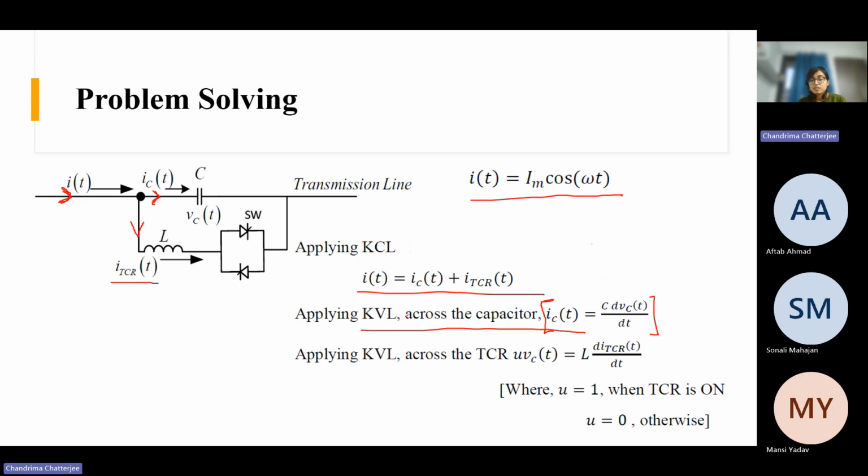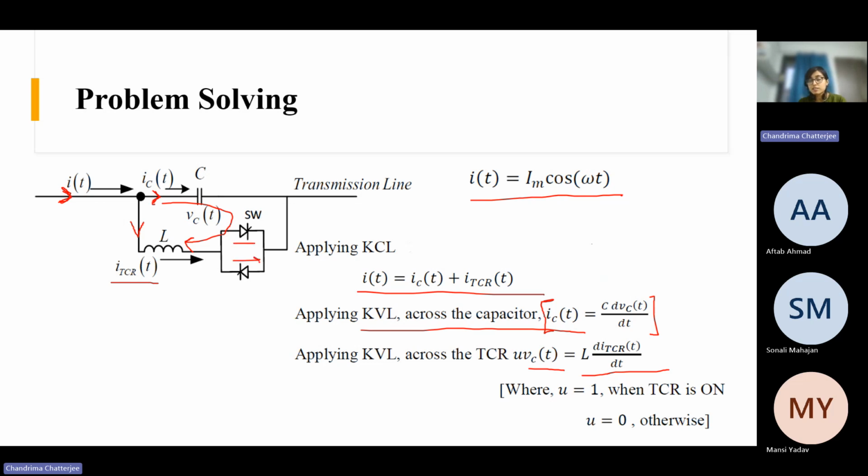And if you just do KVL in this loop, it will give you VCT, the voltage across this capacitor, is equal to L di by dt, right? Why? Because we are neglecting the voltage drop across these devices.